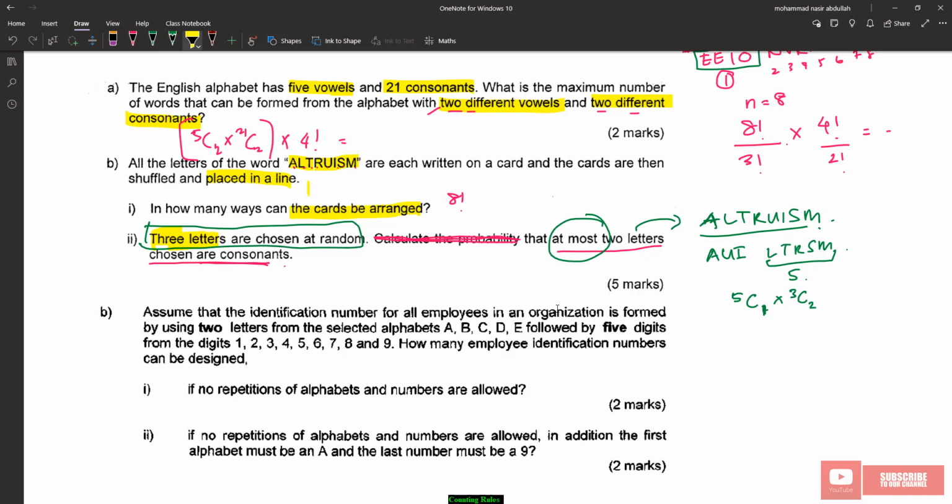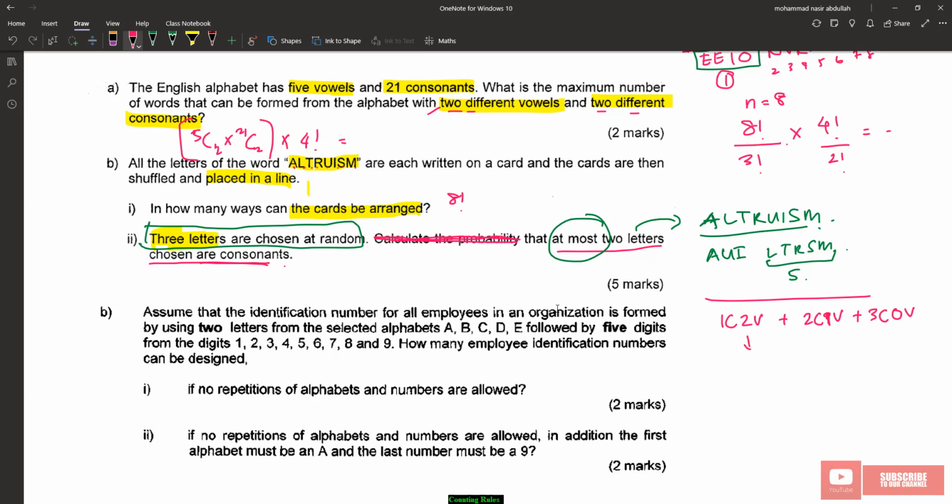And then at most, or it can be, later I think you will be confused. Let me explain before the step I am doing. Before this step, what does at most mean? 1 consonant, 2 vowels. Or 2 consonants, 1 vowel. Or 3 consonants, 0 vowels. This is what it wants. Right?